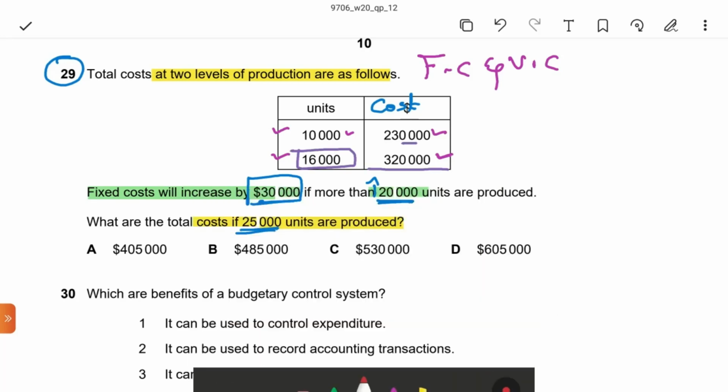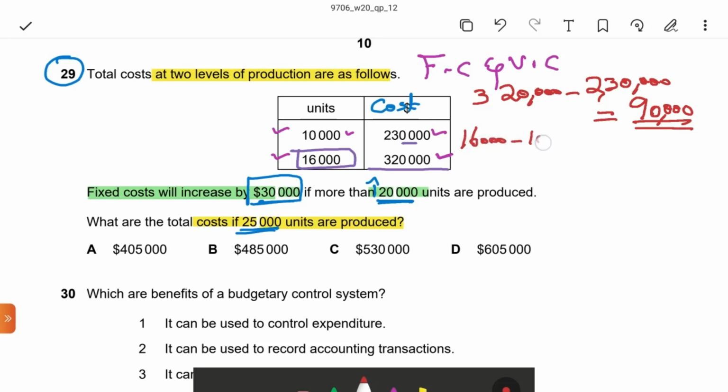The extra cost is 320,000 minus 230,000, that is 90,000. 90,000 is the cost to produce 16,000 minus 10,000, that is 6,000 units.